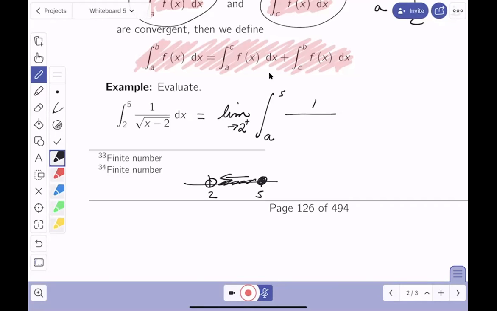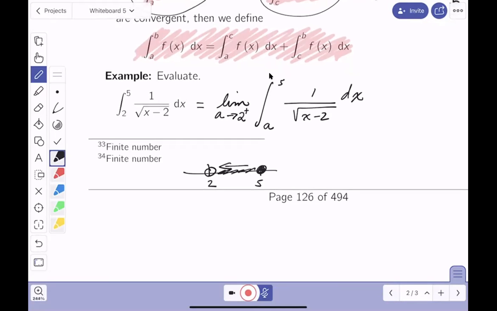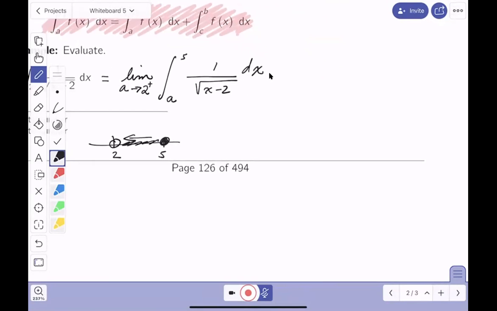All right. So the first step is just writing that integral down. The next step is to actually do the integration.